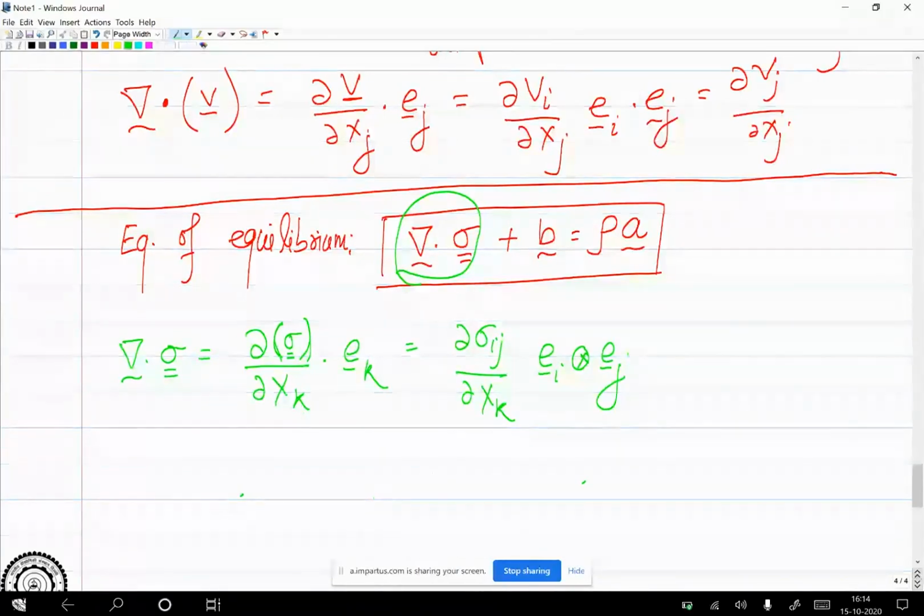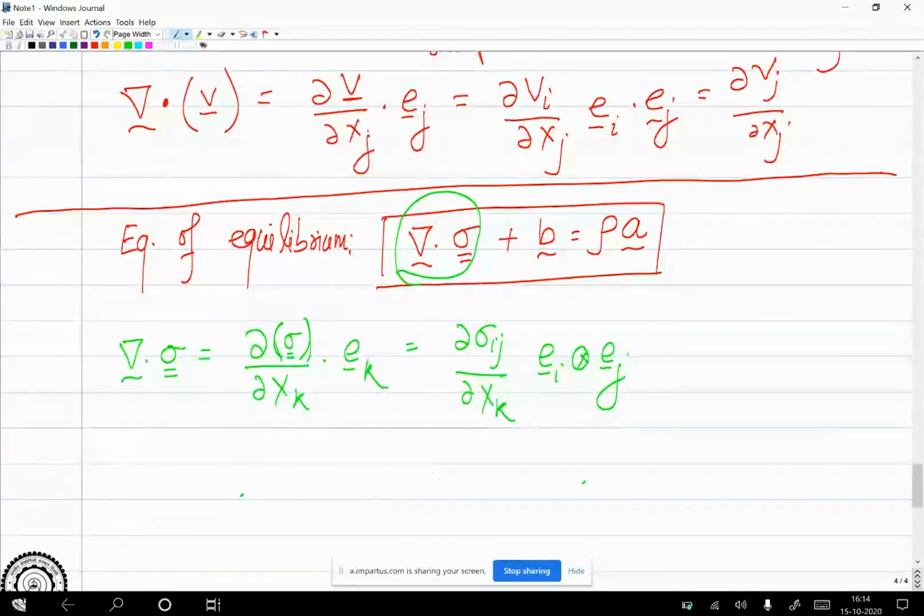But if it were changing with the coordinate, you would also have to differentiate the basis. Can you think of an example of a coordinate system in which the basis vectors change with coordinate?